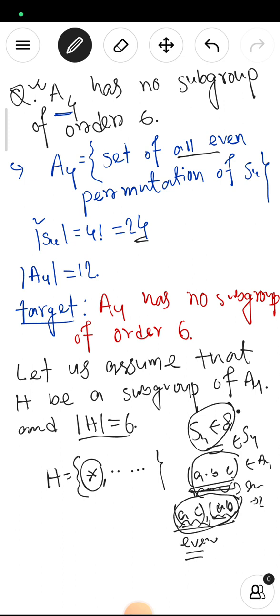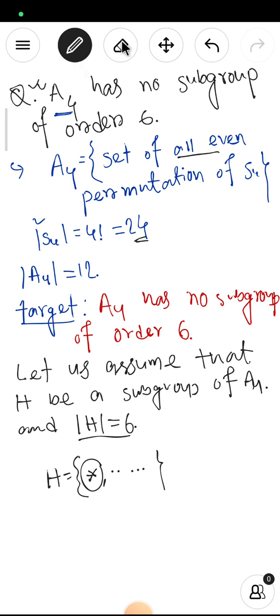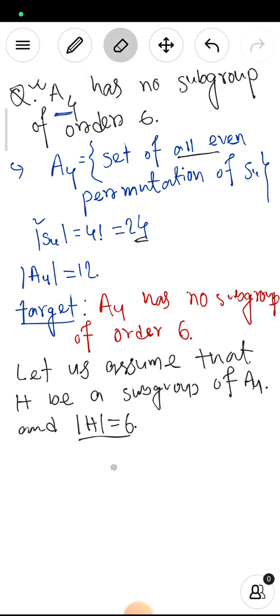Then can we say that all the 3-cycles belong to the subgroup H? See here. Since H is a subgroup of A4, and we know how A4 is defined: A4 is the set of all even permutations of S4.